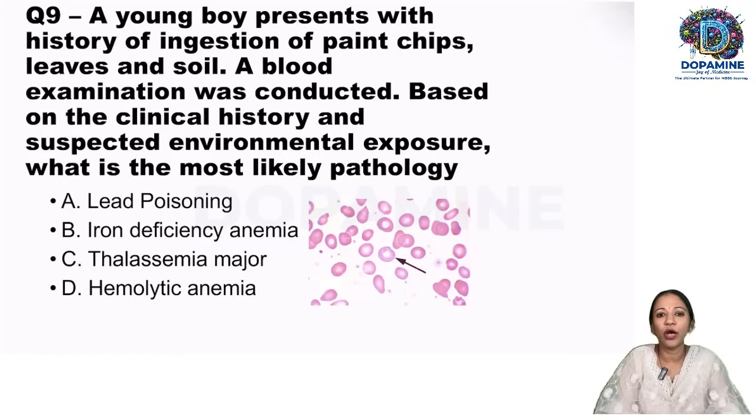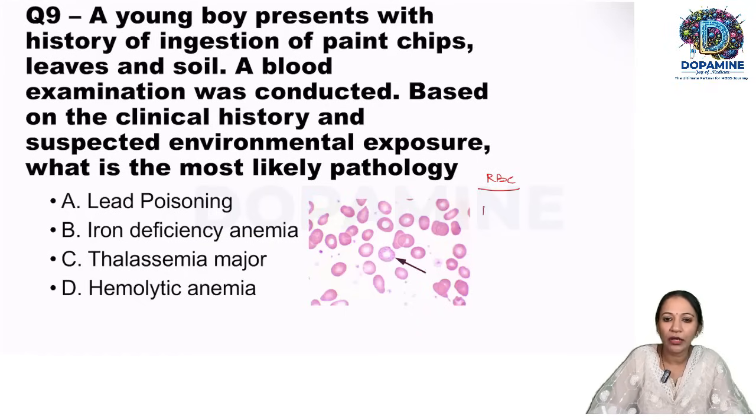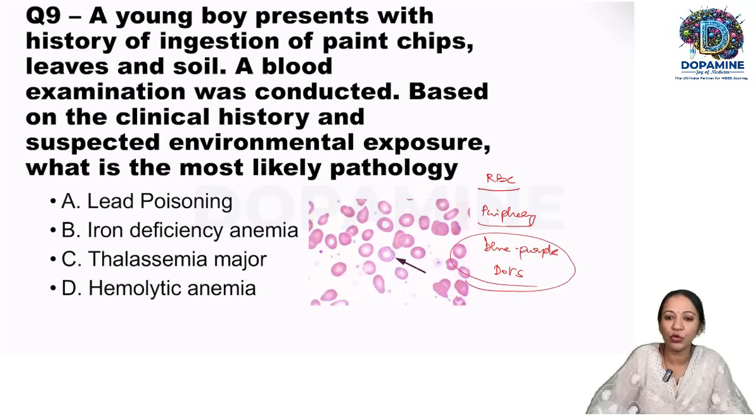Next question: a young boy presented with a history of ingestion of paint chips, leaves and soil. Blood examination is conducted based on the history and suspected environmental exposure. What is the most likely agent? The arrowhead points to something like this in the RBC, where at the periphery of the RBC you can see blue to purple dots. What is this? This is called basophilic stippling.